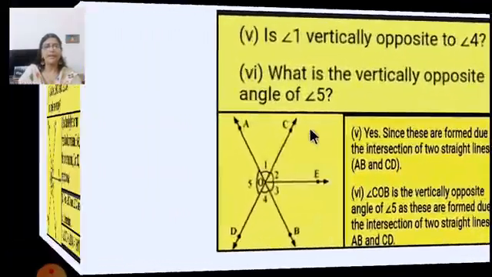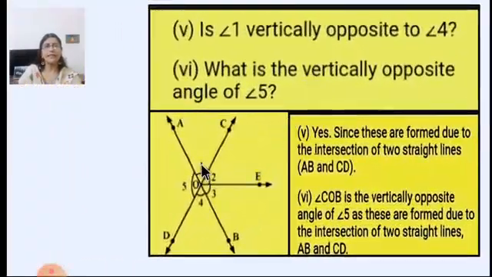Now next part, is angle 1 vertically opposite to angle 4? You can see clearly yes, because they are formed due to intersection of two straight lines, that is AB and CD. Now next question, what is vertically opposite angle of angle 5? So you can see clearly here, this angle is vertically opposite to angle 5, and which is the combination of angle 1 and angle 2 and angle 3.